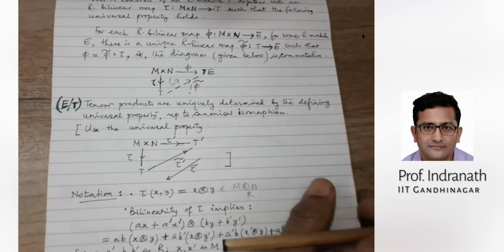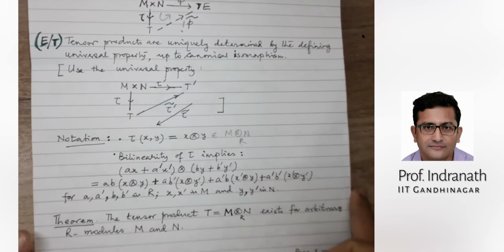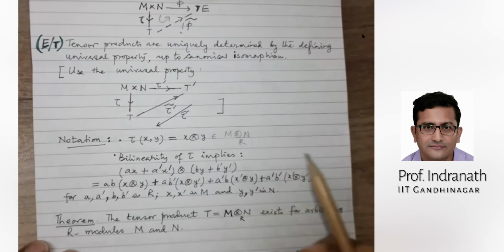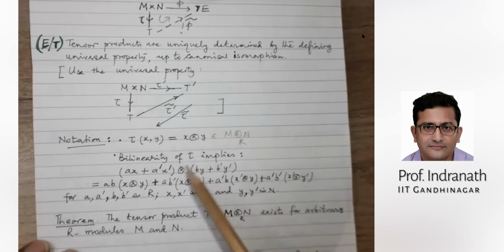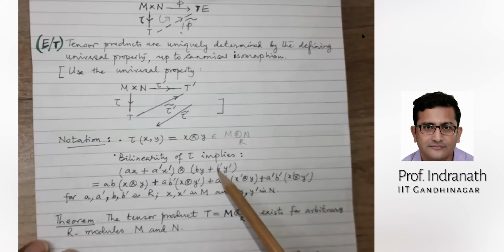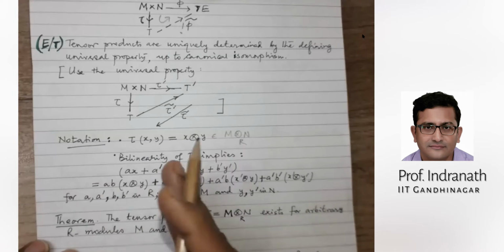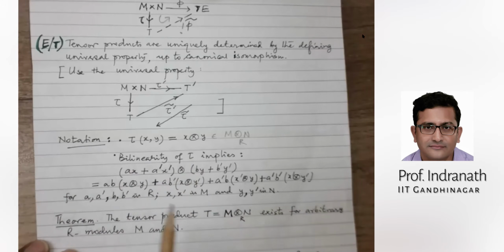It is better to spell out once that bilinearity of this map tau says this: whenever you have such tensors and linearity in this argument, you take the A out, then take the B out, and additivity gets distributed over the tensor product, and you get such an expression.